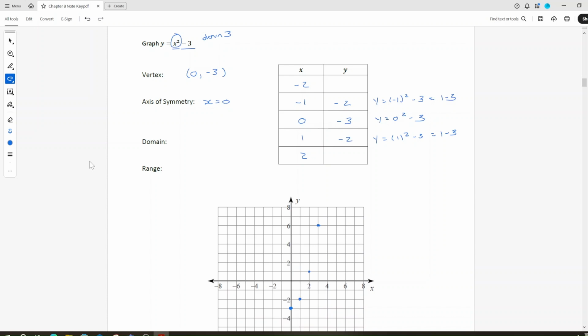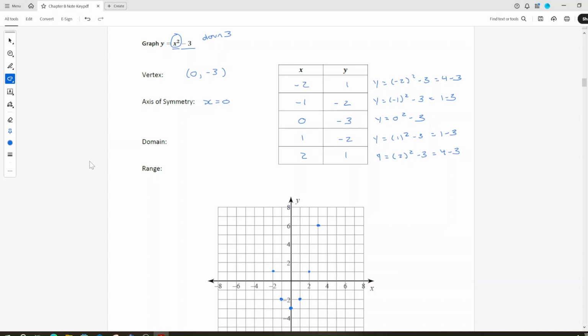Oh, there it is, mirrored on the other side. Then we're going to plug in negative 2 and positive 2. Negative 2 squared minus 3 is 4 minus 3, which is 1. And if I put in positive 2, I get positive 2 squared minus 3, which is still 4 minus 3, which is 1. So then I'd have this point here at negative 2, 1, and positive 2, 1.